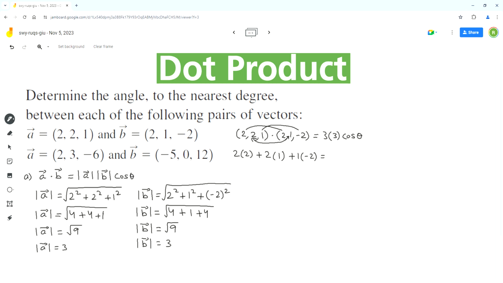And 3 times 3 is 9. Now we can combine the terms on the left side. So 2 times 2 is 4. 2 times 1 is 2. And 1 times -2 is -2. So 4 plus 2 minus 2 is equal to 4.